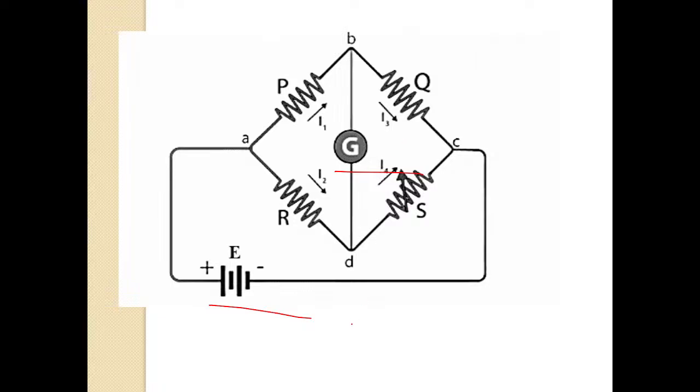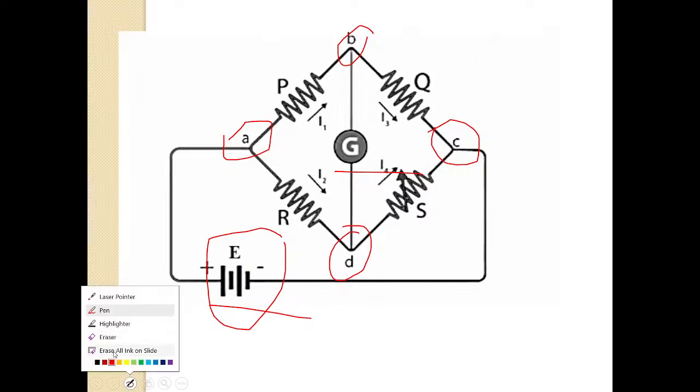This source E is attached to the bridge at point A and point C, while the galvanometer is connected between point B and point D. Once again I will repeat.